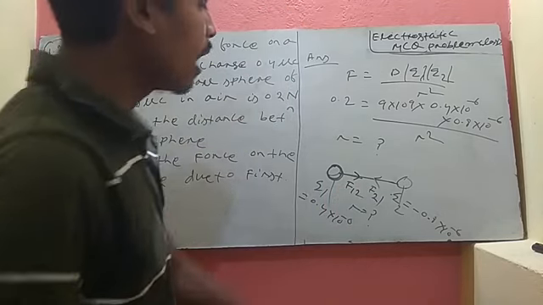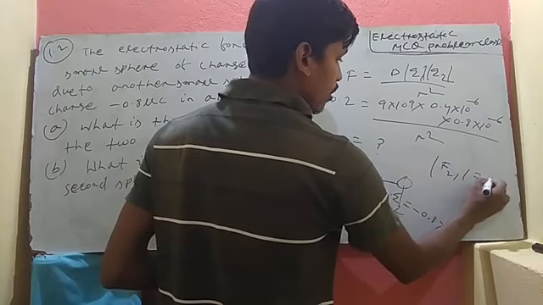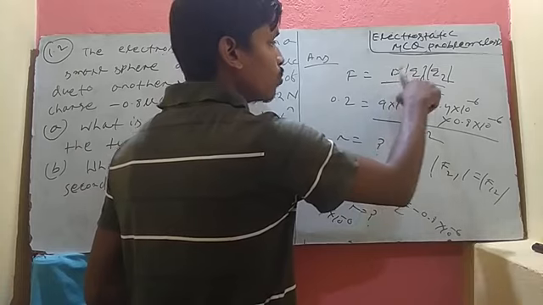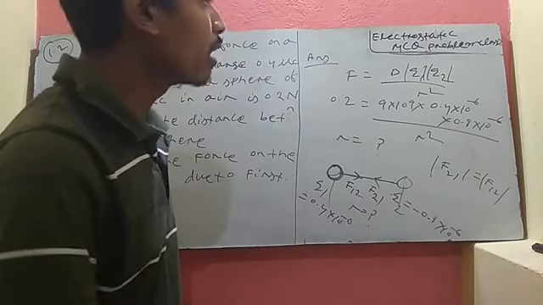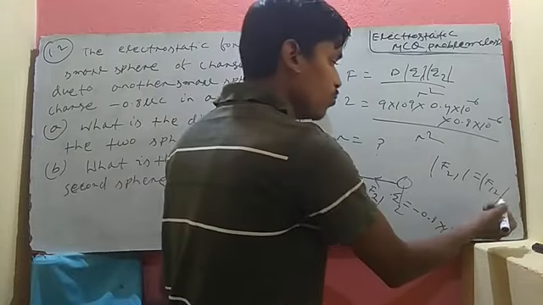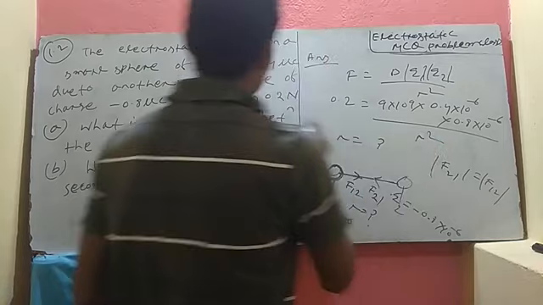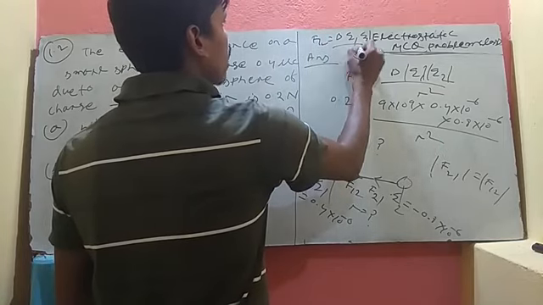Here F21 is equal to F. We have already known in theory class, F21 magnitude is equal to F12, because F21 means beta Q2 Q1 by R square, and F12 means beta Q1 Q2 by R square. So F12 is equal to F21. You can find F12 value is beta Q1 Q2 by R square.